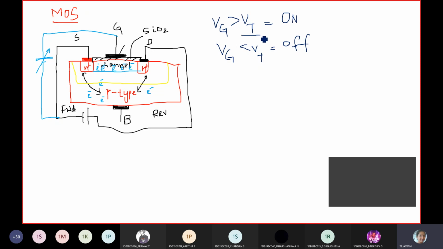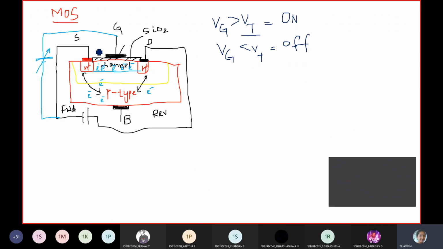We can say that is the threshold voltage. It is the minimum voltage required to accumulate the minimum number of electrons for conduction. So the channel is formed between the source and the drain, but still it is not sufficient.